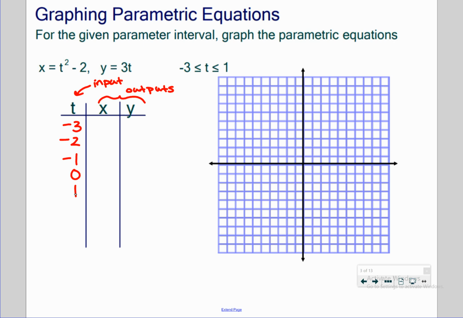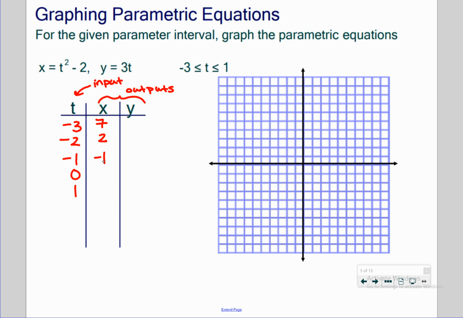Okay. So now we're going to plug those values into both equations. So if I plug -3 into t squared minus 2, what do I get? We can do this in our head, hopefully. 9 minus 2, 7. If I plug -2 into t squared minus 2, I get 2. If I plug in -1, I get out -1.